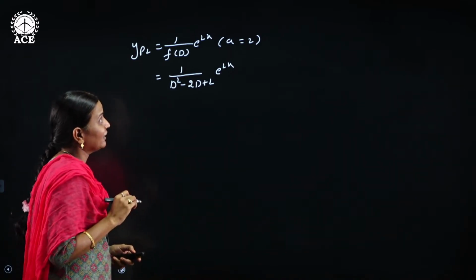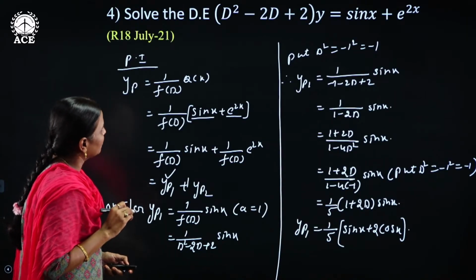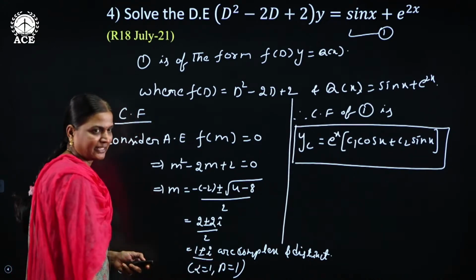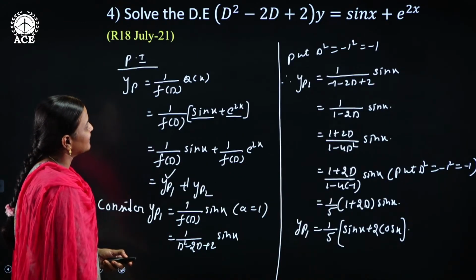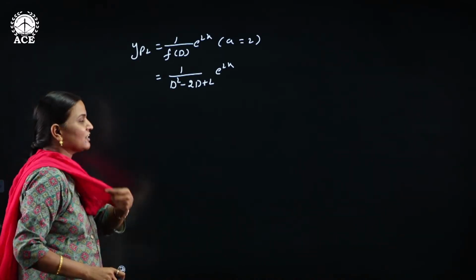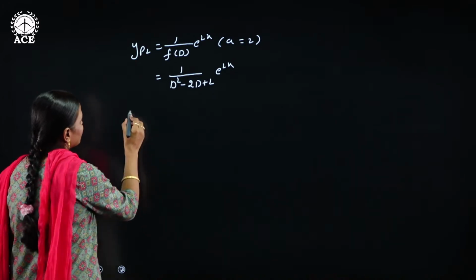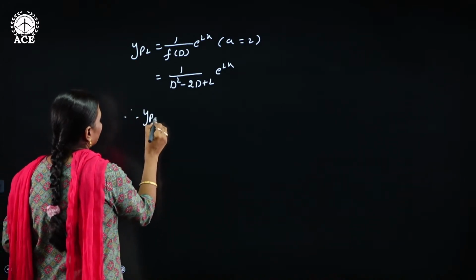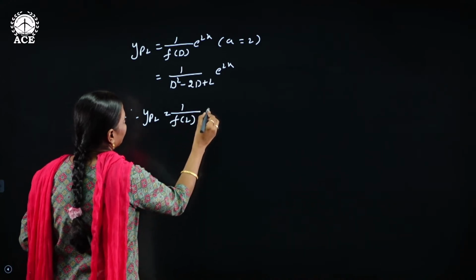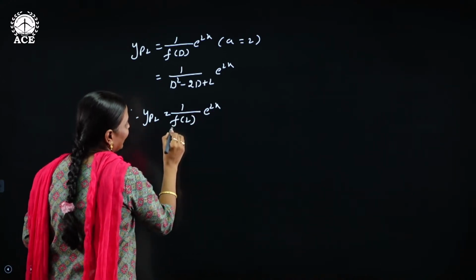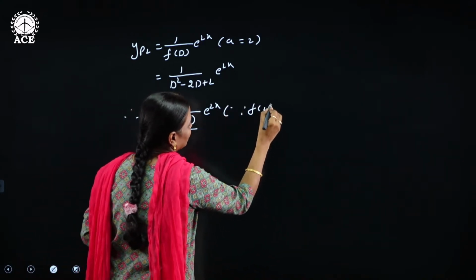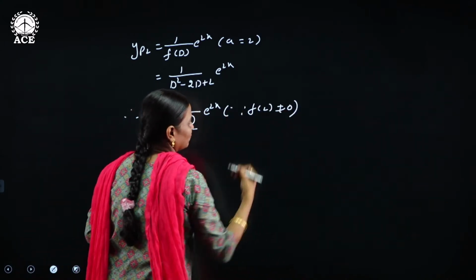What is the a value here? 2. And what are the roots of the auxiliary equation? The roots of the auxiliary equation are complex, so a is not equal to any one root. So when a is not equal to any root, yp2 is equal to 1 by f of 2 into e power 2x. Why am I writing f of 2 directly here? Since f of 2 is not equal to 0. Check that.